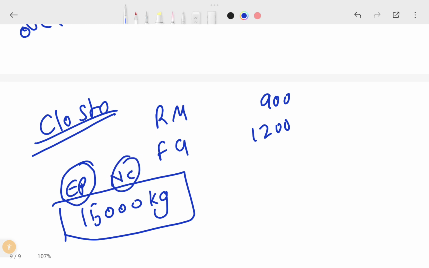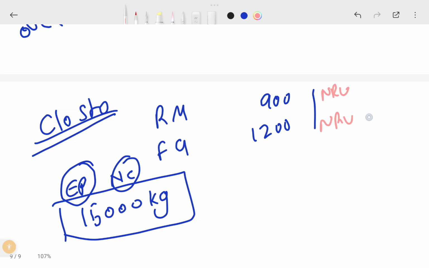Due to a fall in the market demand, the selling price of the finished goods was 20 per kg and the replacement cost of the raw material was 9.5. So the finished goods NRV they have given. What is this NRV?